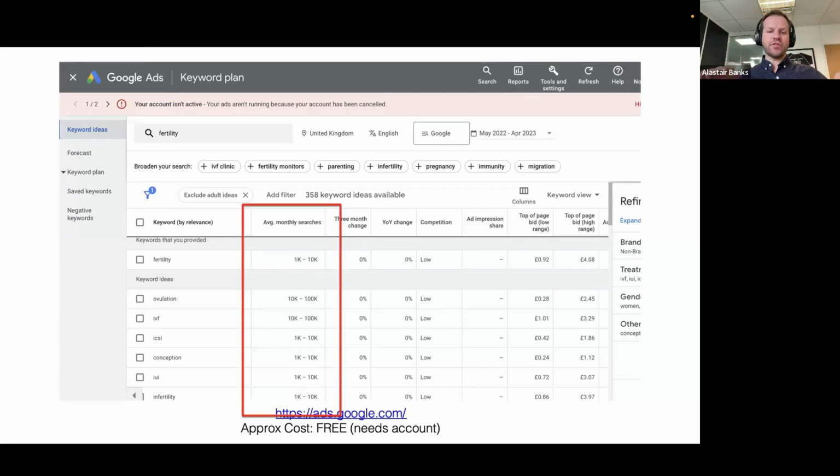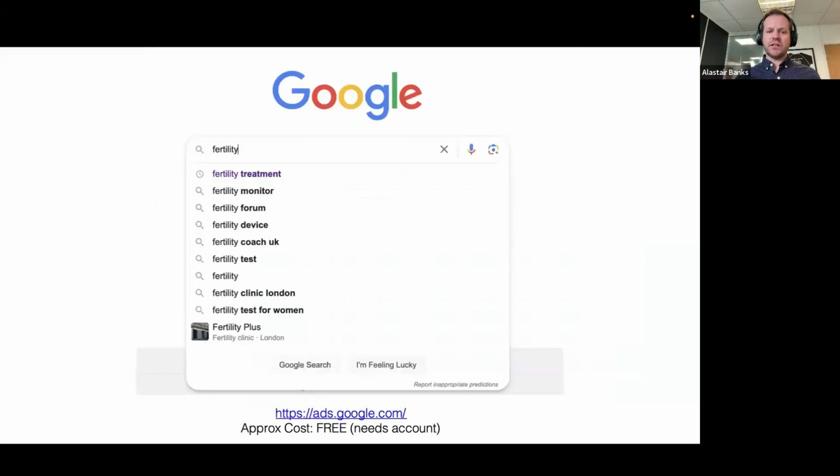There are lots of things that I could consider in this process, but the tool is the thing I want you to know about. So it's a really useful tool. If you don't want to go through the process of signing up and doing all that stuff, you can have a basic level of this without doing too much. You can go to Google and start to type in something like fertility in this instance.